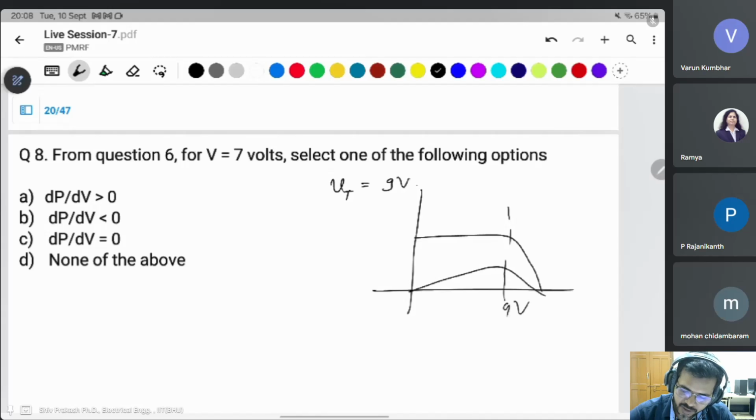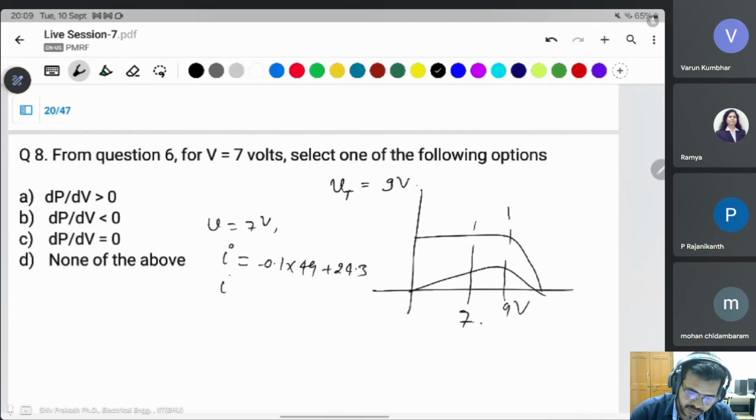If V is equal to 7 volt, then what is I? I is equal to minus 0.1 into 7 square, which is 49, plus 24.3. Then I is 19.4 ampere.